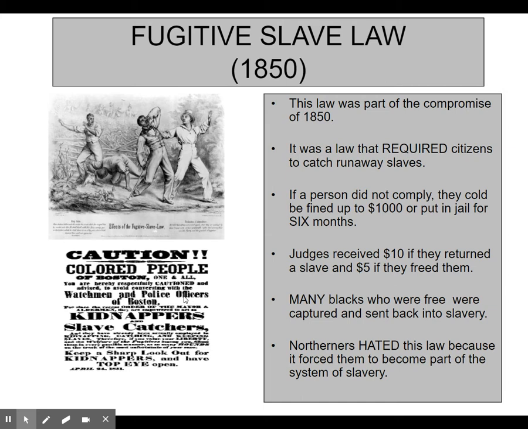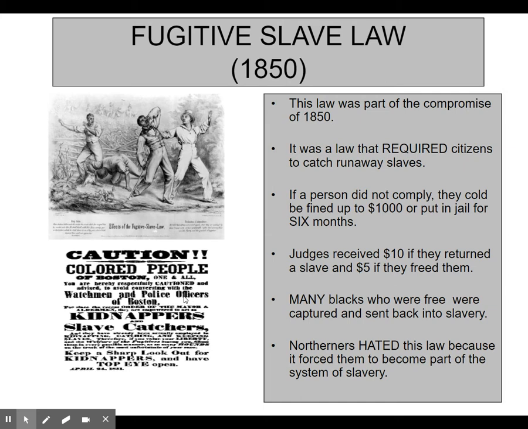And some people even faced jail time. So this was not popular in the North, but the South was very happy about the Fugitive Slave Law because, again, these slaves to them were worth a lot of money.